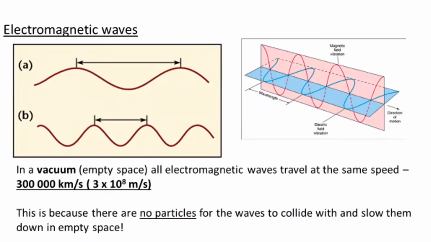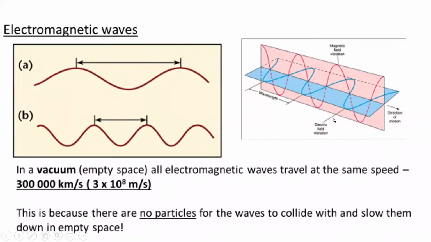Light belongs to a family of waves called the electromagnetic spectrum. They're also known as electromagnetic waves. You don't have to know this at this stage, but it's interesting anyway. They're called electromagnetic waves because they're made of two components: an electric component and a magnetic component, and they can be polarized.